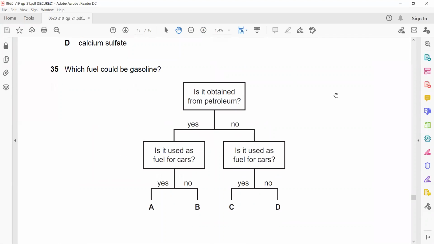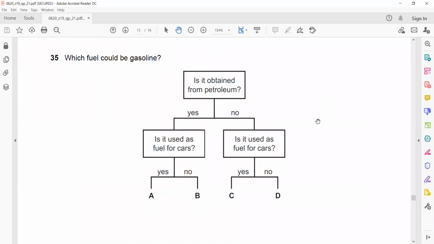Which fuel could be gasoline? Gasoline means petrol. Question 35.